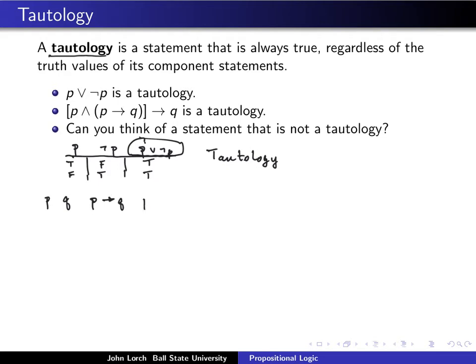And then we've got P and if P, then Q. And then finally we have the statement we're interested in, which is P and if P, then Q, implies Q.